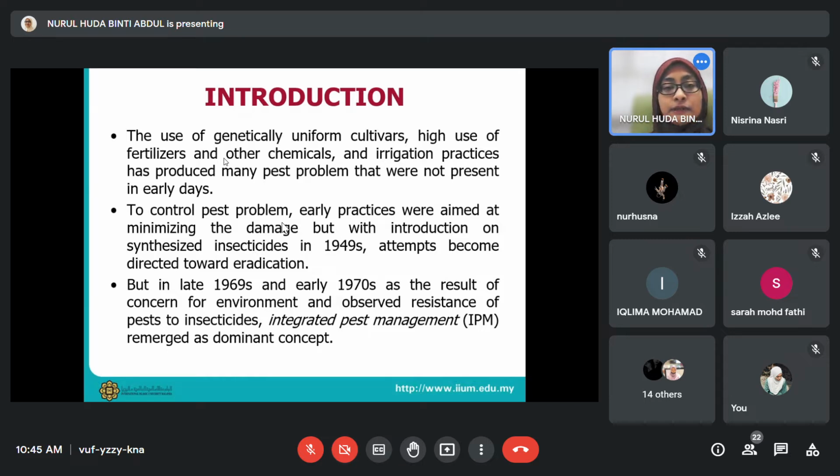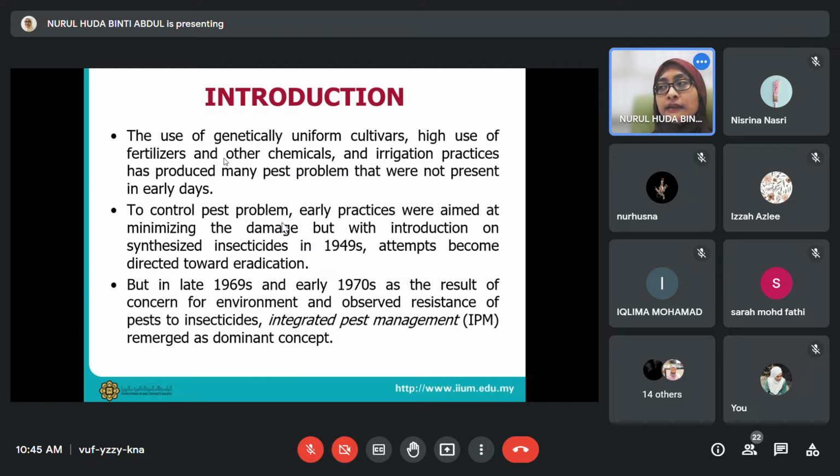Maksudnya instead of totally eradicate, totally use only on a chemical, so they come up with integrated, which is combination of all management practice, bukan hanya chemical.